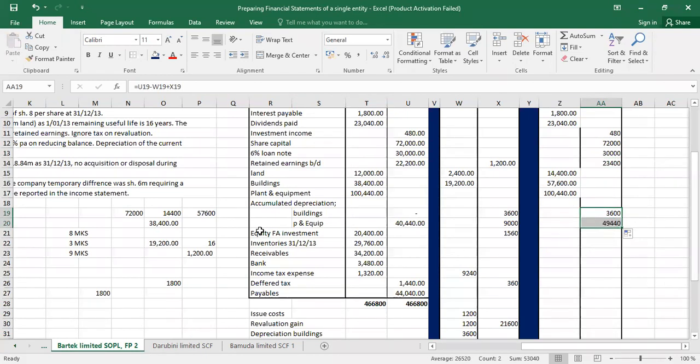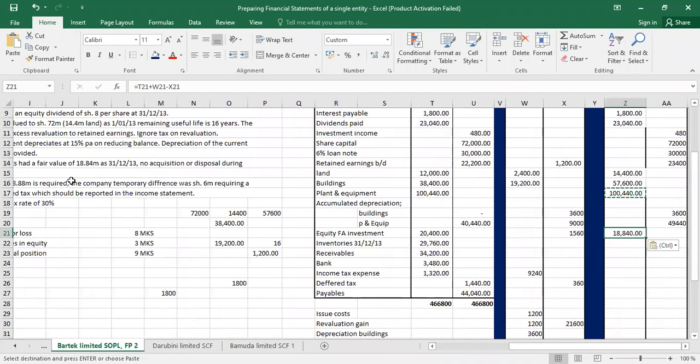You see here, the equity financial asset investment. It's on the debit side, but the adjustment is on credit side. So I'll take what is on the debit, Control V. You can see that it is less, and this is what you are told here. The investment has a fair value of 18.84 million, of which it's here, isn't it?